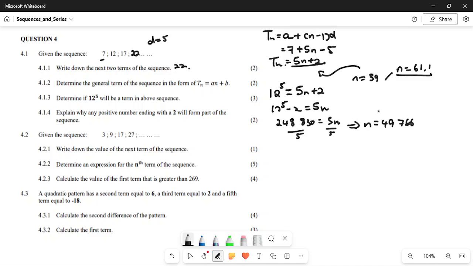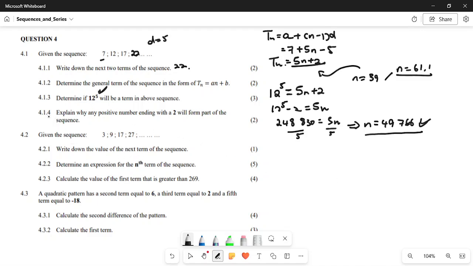So let us check whether that index does give us a value equal to 12 to the power 5. 5 times the answer plus 2, and let me subtract 12 to the power 5. Indeed, this value is part of our sequence, and we get that value at this index. So yes, this is true.